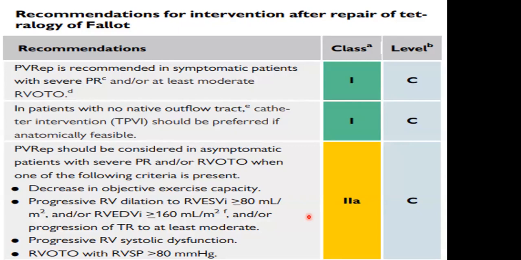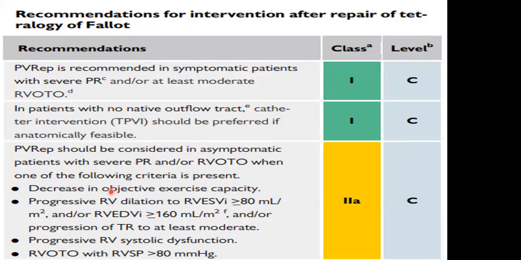If a patient is symptomatic with severe pulmonary regurgitation and/or has at least moderate right ventricular outflow tract obstruction, meaning severe pulmonary regurgitation with moderate to severe right ventricular outflow tract obstruction or moderate to severe pulmonary stenosis, that patient should have a pulmonary valve replacement done. Also, in a patient with no native outflow tract, those atretic ones, that patient should have a catheter intervention, meaning a transcatheter pulmonary valve implantation, in a patient who has no native outflow tract present.